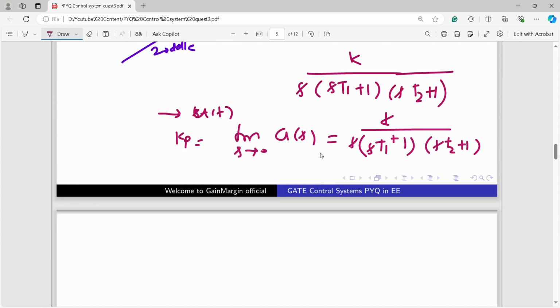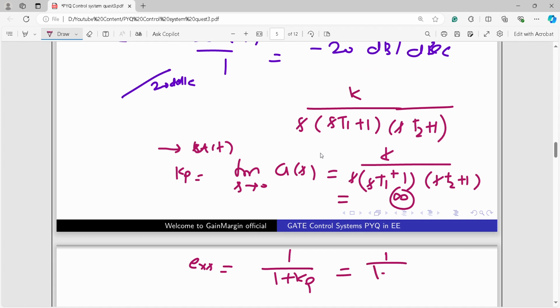This value is coming infinity. So Kp value is infinity. Then the steady state error is 1 by 1 plus Kp, so it should be 0. So for unit step input, this system has steady state error 0.